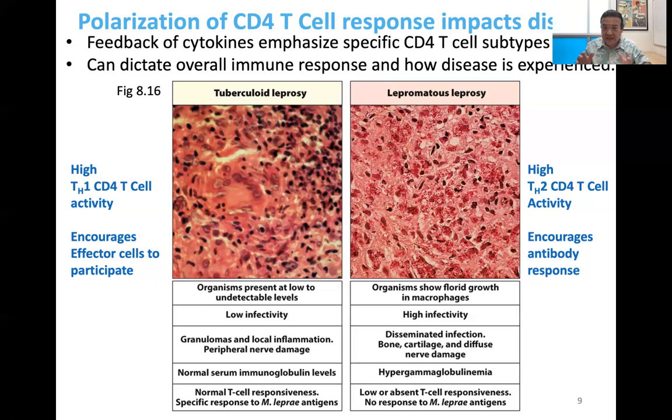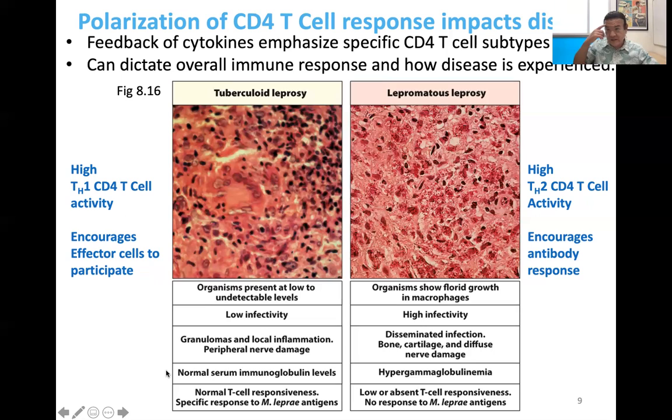So this gets things like macrophages moving, and macrophages go and start trying to create these granulomas to keep the bacteria contained. As a result, there's very low infectivity of this form of leprosy because the bacteria is packed away in tissues. I mean, there's going to be damage to your tissues, some local inflammation, some nerve damage as well.